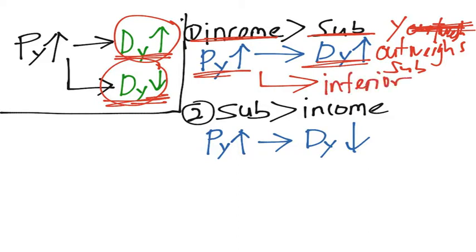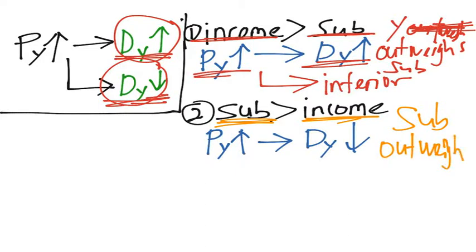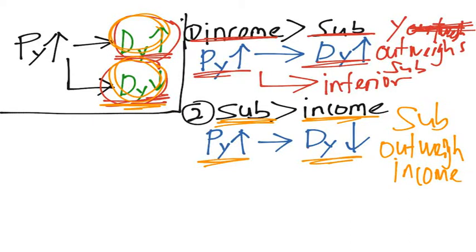However, the second case is when the substitution effect outweighs the income effect. Again, the keyword here is outweighs. So when the substitution effect outweighs the income effect, the demand for Y decreases more than it increases. What happens here is when the price of Y increases, the demand for Y decreases.